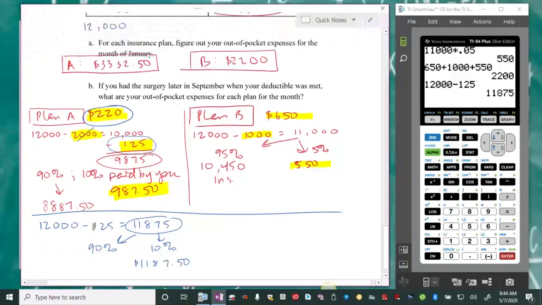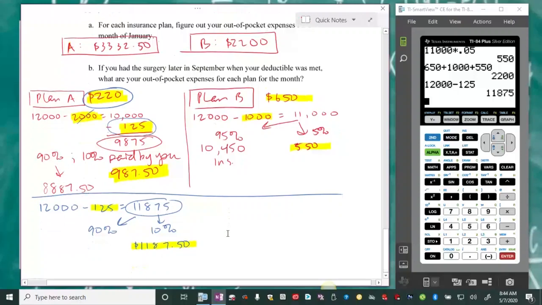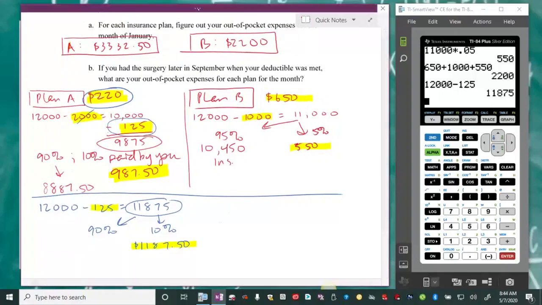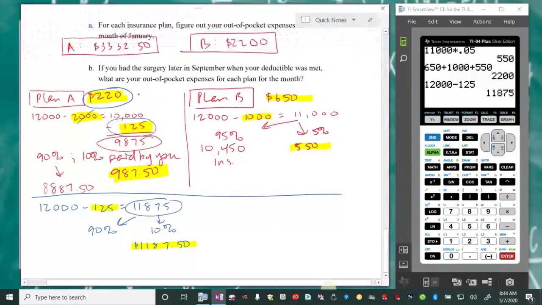So I've got the $125, still have the premium, and I've got my 10% coverage. If I add these things together, this is going to give me a very different bill. So the $220, the copay, and my 10% of the remaining bill.